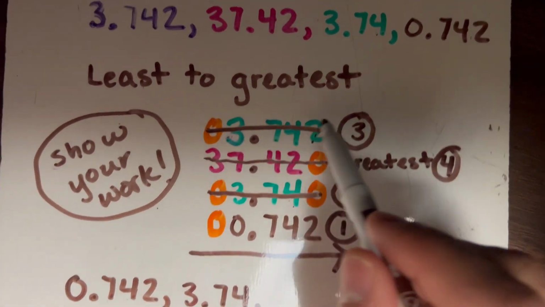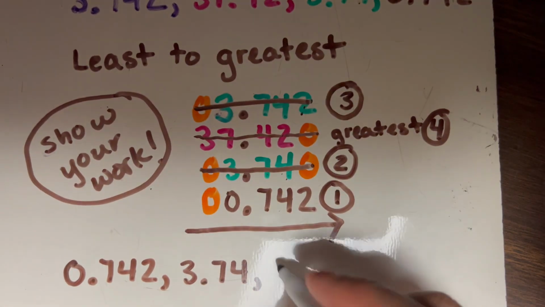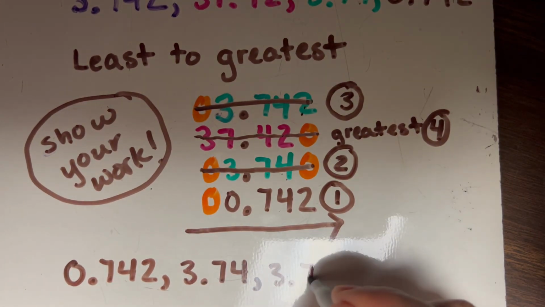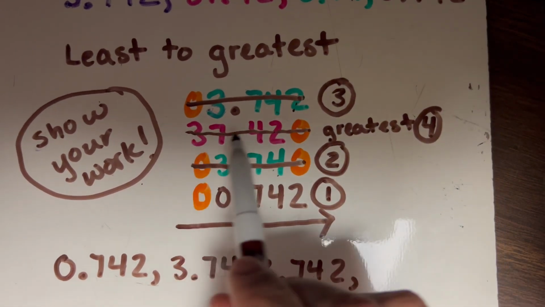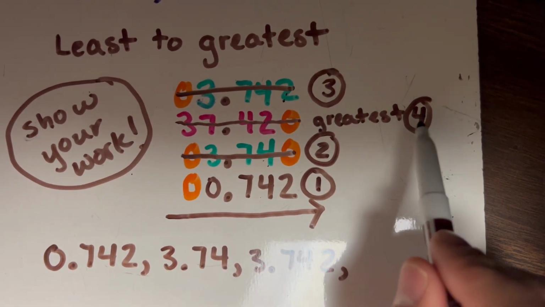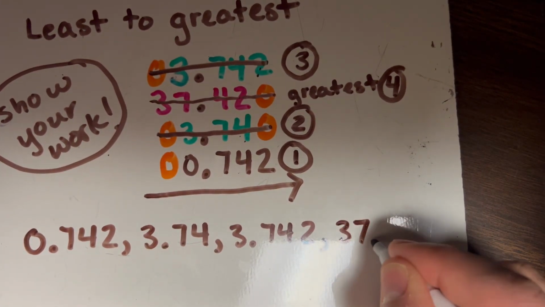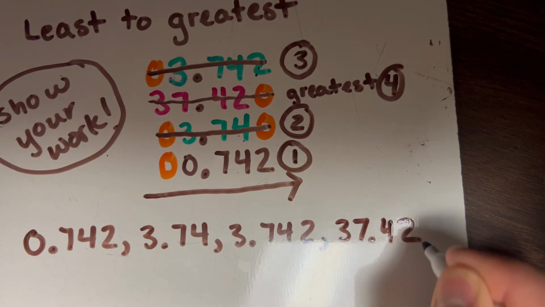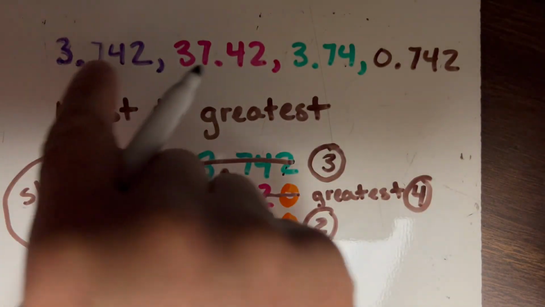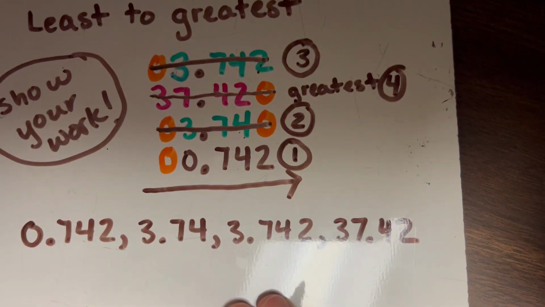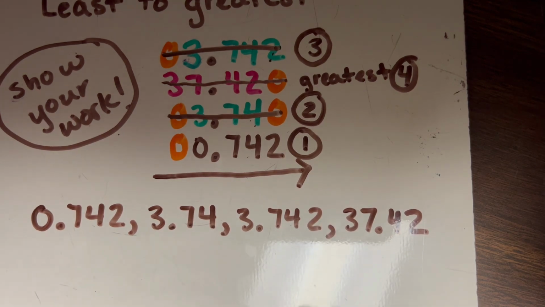My third number was this one up here in green, which was originally purple, but my marker ran out: 3 and 742 thousandths, comma. And don't forget, the first number we found out was the greatest, which we said is the fourth one in our list, is 37 and 42 hundredths. And again, I took off those orange zeros. I went right back to the original one, because if this was a multiple choice question, they're not going to have those nice zeros annexed in for you on the different choices.